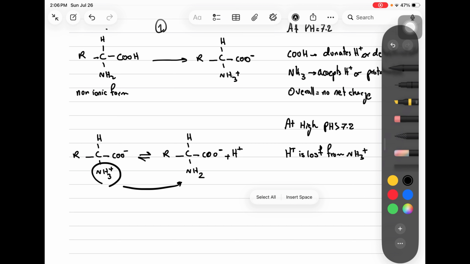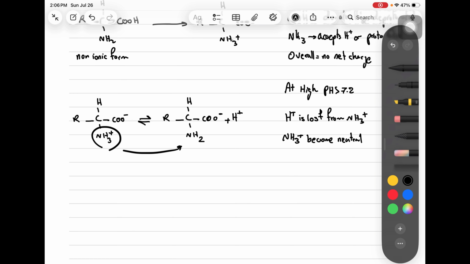This is NH2. We're not gonna go for NH1. NH3 plus becomes neutral, and this is how we lose that proton here. So the overall charge is negative now, because this is the only charge that we have here.